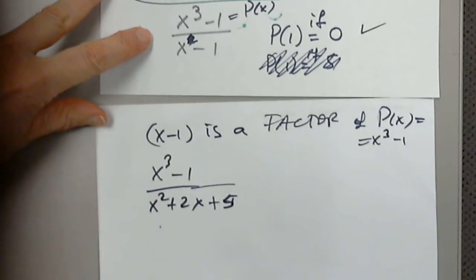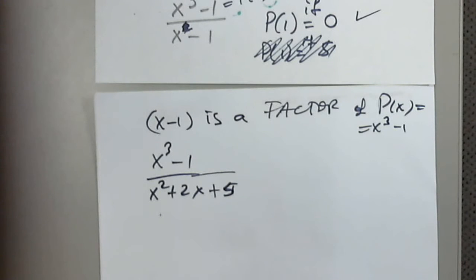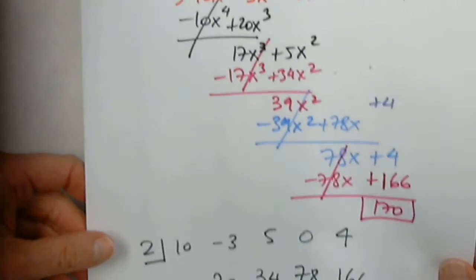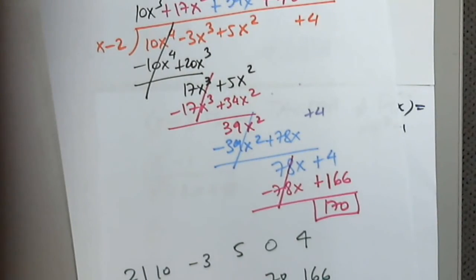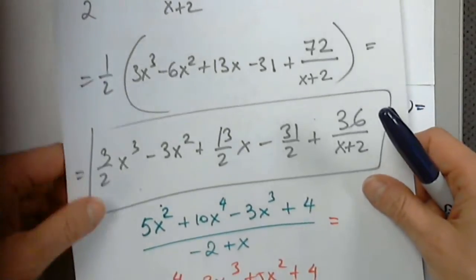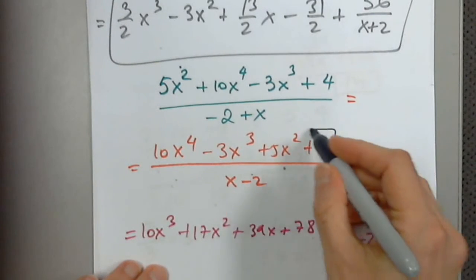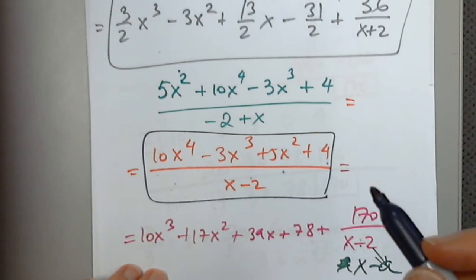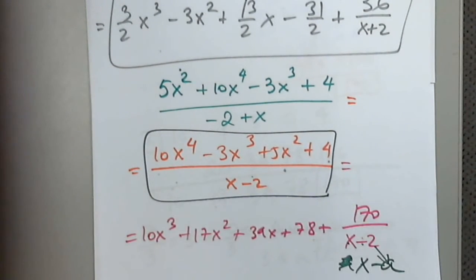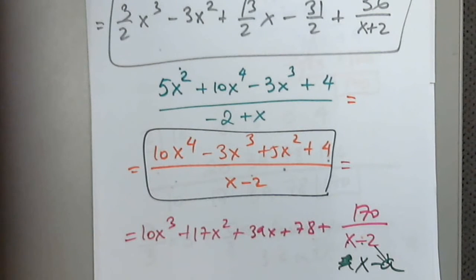Okay, let's look at another example. And I would like to go back to the problem that we just did. A minute ago we did this, right? So we looked at this division. Yes, after we rearranged it, correct. Assuming I don't care to find the quotient, how will I find the remainder of this division?